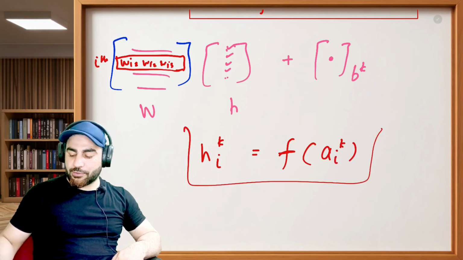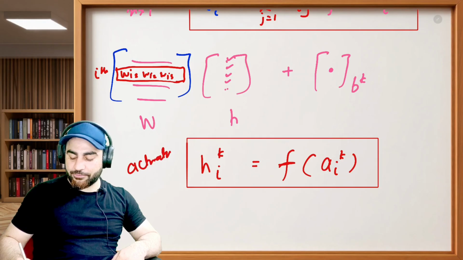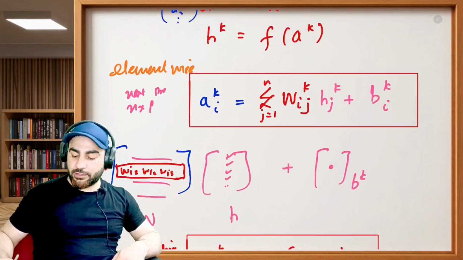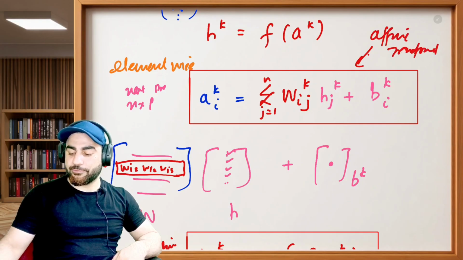So these are two steps. This is applying activation, and this over here is the affine transformation for a point. I'll just write affine transformation for a point. I think this should be clear by now.